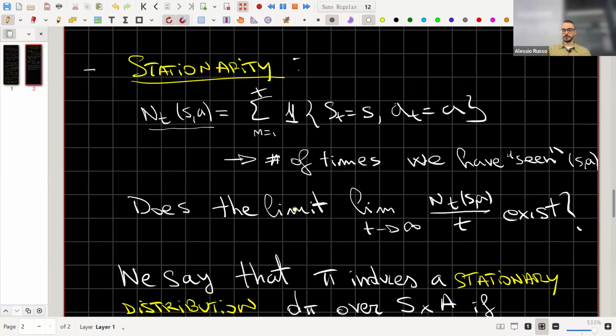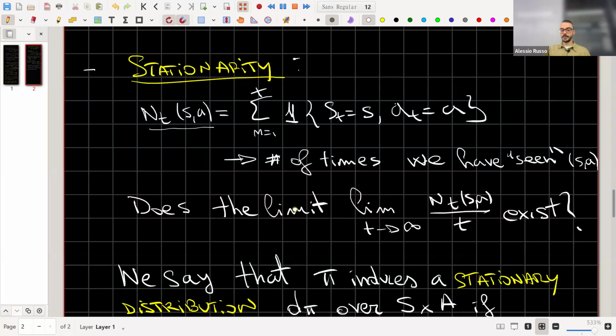So now the question is, can we characterize this quantity? What is the average number of visits to SA? If we take the limit as t goes to infinity of N_t(s,a) divided by t, does this limit exist? Is it finite? Does it oscillate?